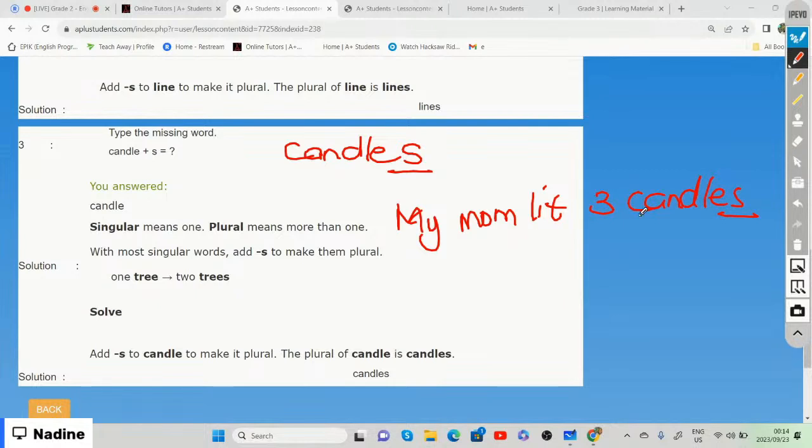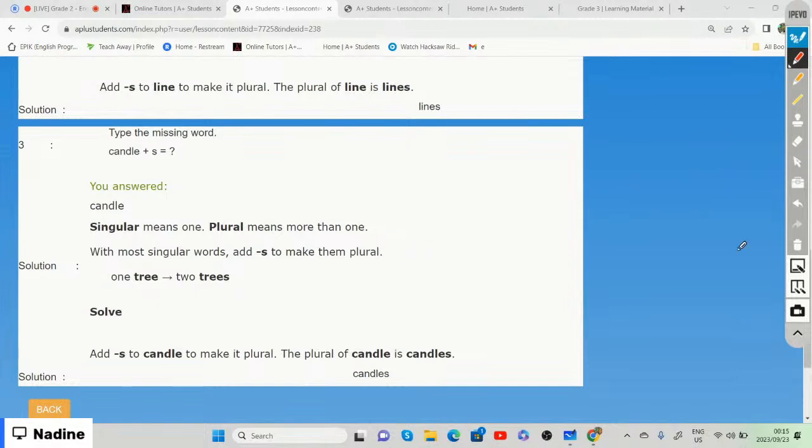Which shows that there is more than one. 3 candles.